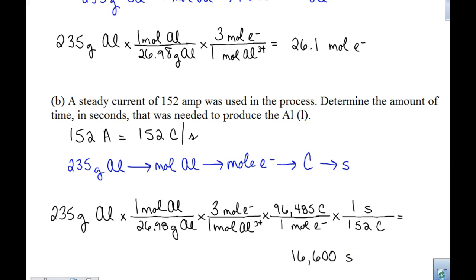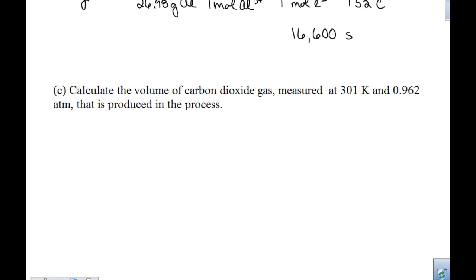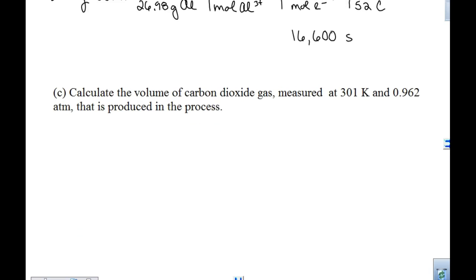Now we're going to move on to part C, where they like to throw in a gas law. Why do they do that? Well, because free response questions on the AP test tend to have cross-topic calculations. Just does. And in this case, if you go back to look at the original equation, there was carbon dioxide gas produced.